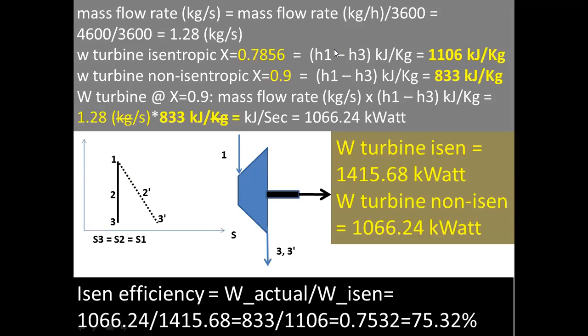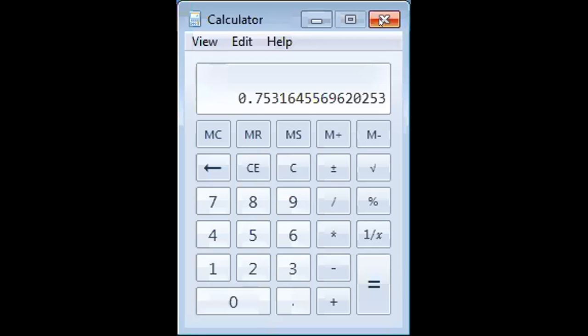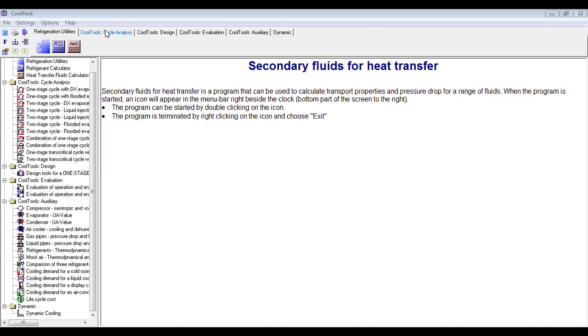So let me look into the CoolPack. Where is CoolPack? Yes, CoolPack. CoolPack is this. Let's see.